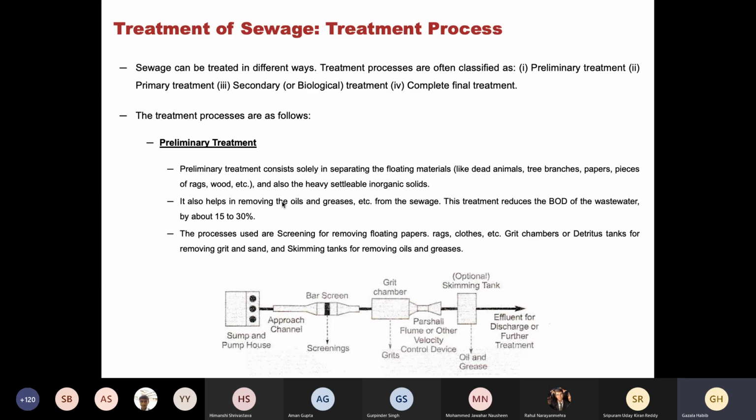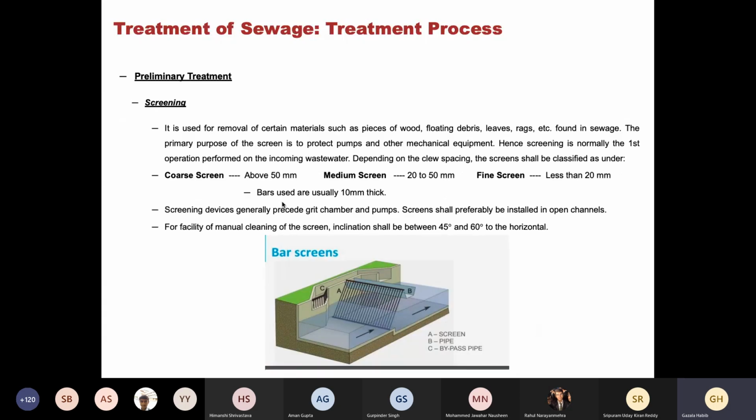This depends upon how much load of this material is there. If large amounts of debris are present, then a fine screen would be good to remove the fine material, and then the grit chamber can be used. Then oil and grease can be removed in a skimming tank. So these are the preliminary treatments.